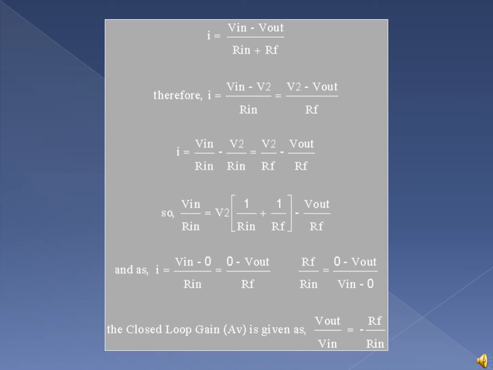So moving the V2 terms to the right hand side, we get Vin by Rn equal to V2 into 1 by Rn plus 1 by Rf minus Vout by Rf. But Vin minus 0 by Rn is equal to 0 minus Vout by Rf, which gives Vout by Vin equal to minus Rf by Rn.